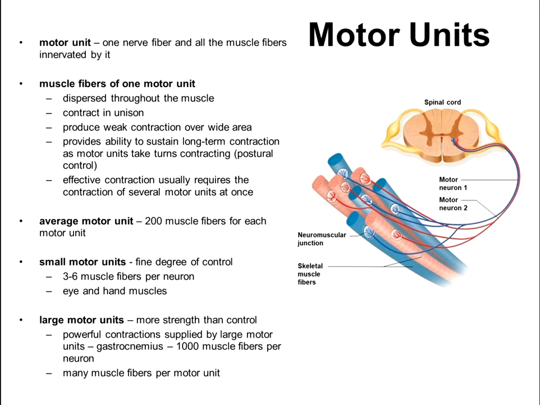So we need to be aware of these definitions. A motor unit is one nerve fiber and all the muscle fibers that are innervated by it.